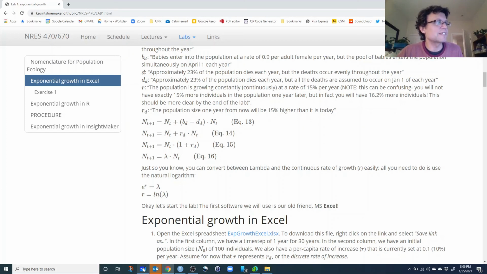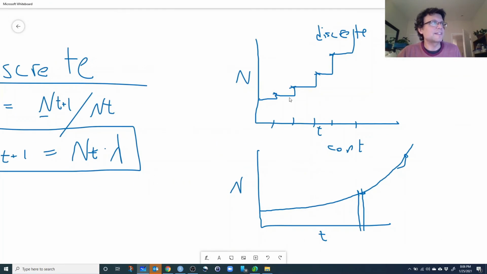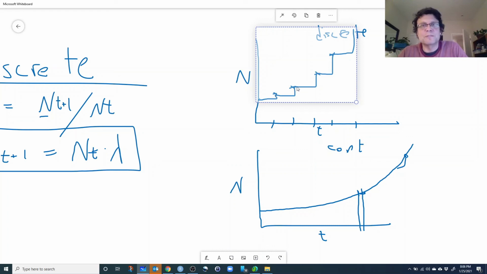It just pulses up. Here's year 1. Next year, the population's 15% bigger. Next year, the population's 15% bigger, and otherwise it stays completely flat. Exactly 1 year later, the population jumps up.